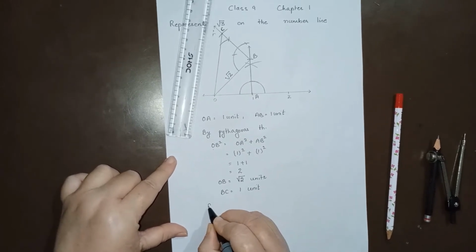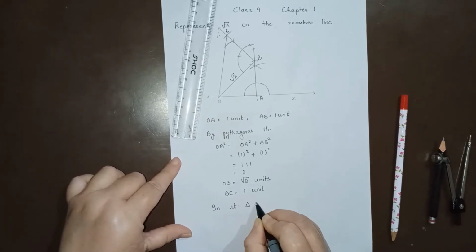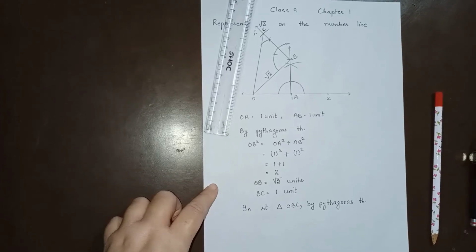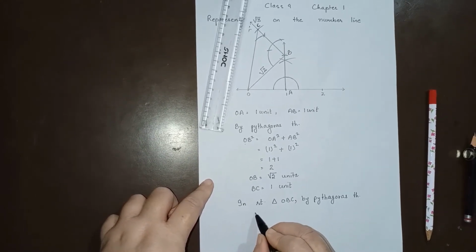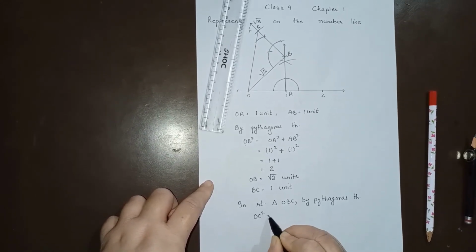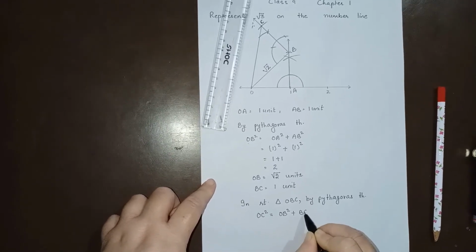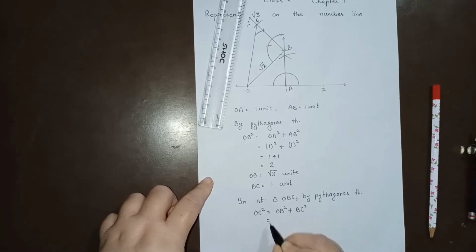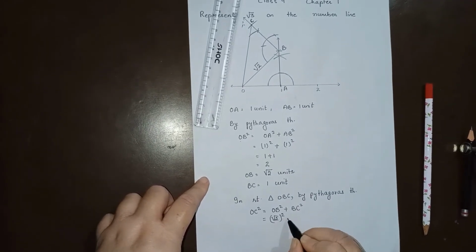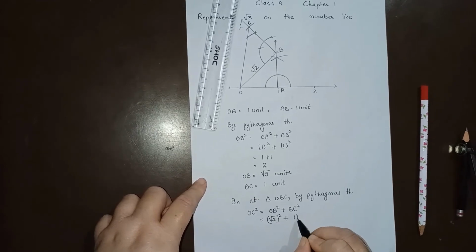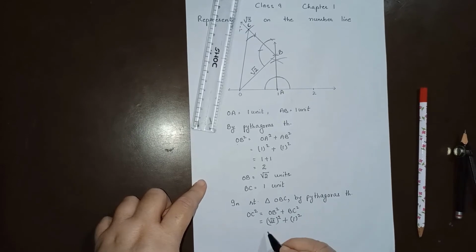So in right triangle OBC, by Pythagoras theorem we have OC square is OB square plus BC square. Now OB is square root of 2, and BC is 1 unit.